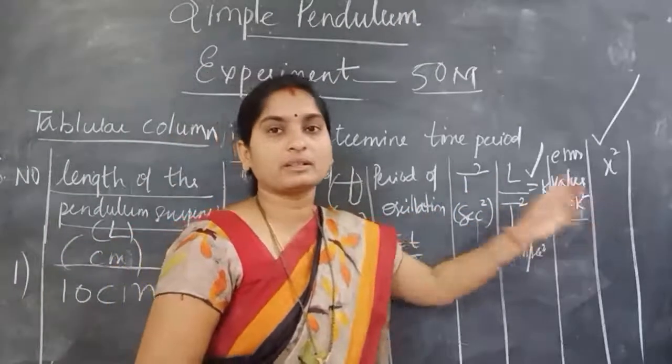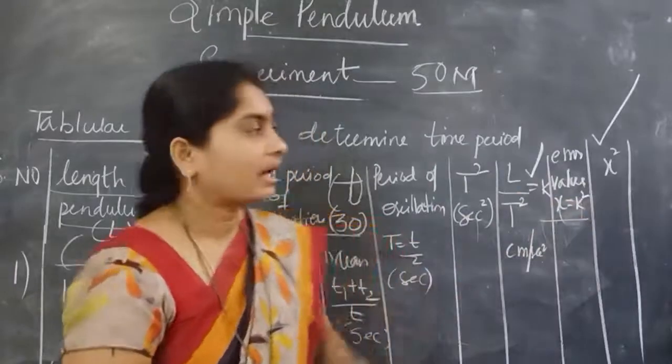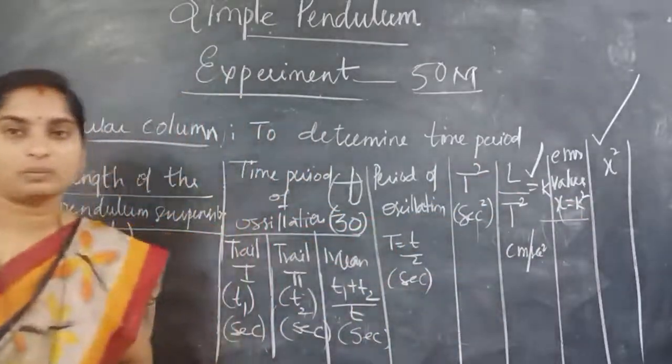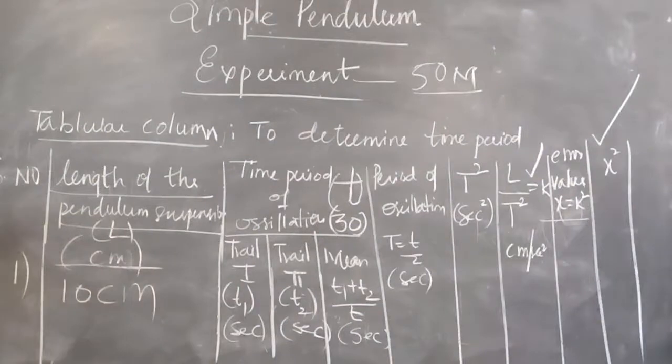If you square it, you get X. Again the last term is X square. In this way, we calculate the tabular column factors: L, t, T, T square, L by T square, X is equal to K square, and next X square. These all have to be written in the record.